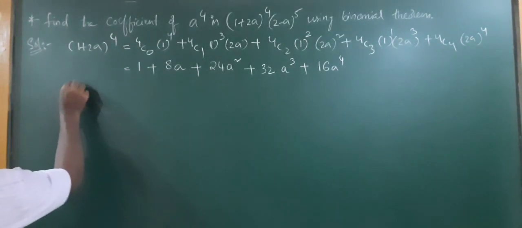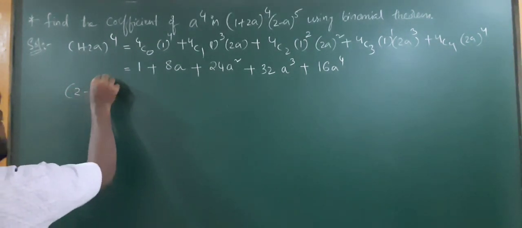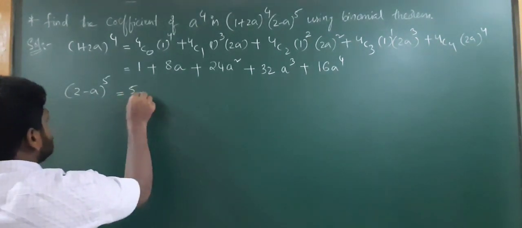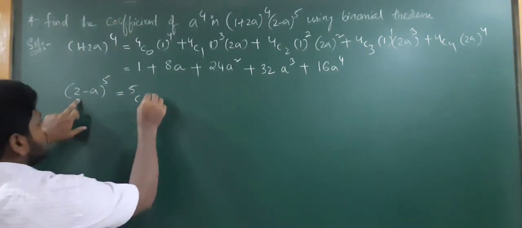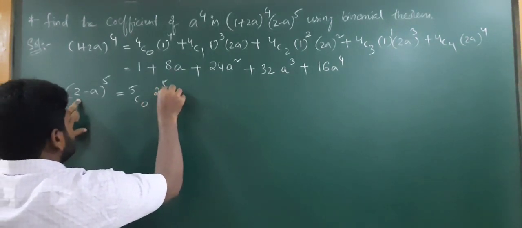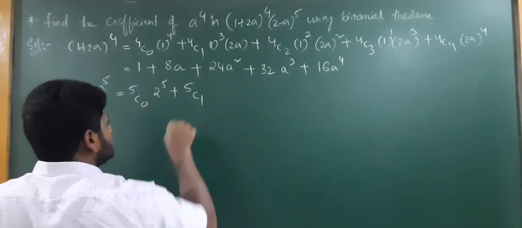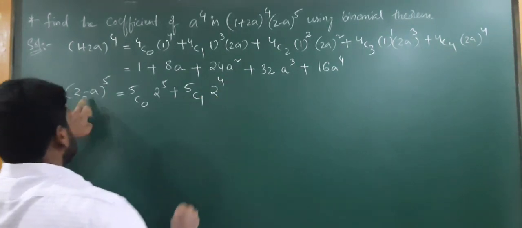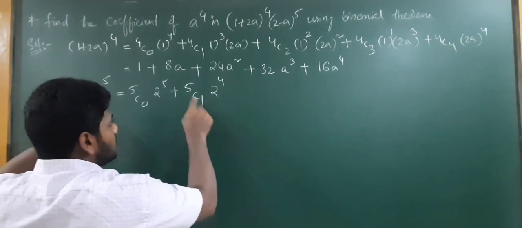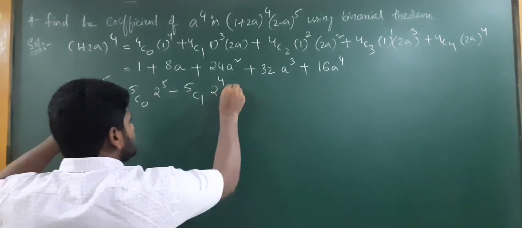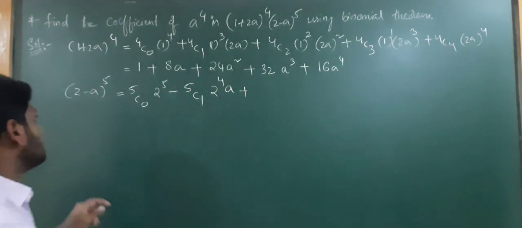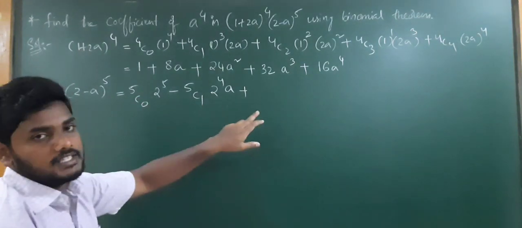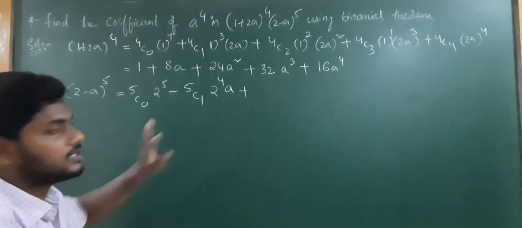Next we will find (2 − a) whole to the power of 5. We will expand this one also, which is 5C0 into 2 to the power of 5 plus 5C1 into 2 to the power of 5 minus 1, that is 4, into (−a) whole to the power of 1, nothing but minus a. Here minus is there, so for 5C1, 5C3, 5C5, for those terms we will put minus.